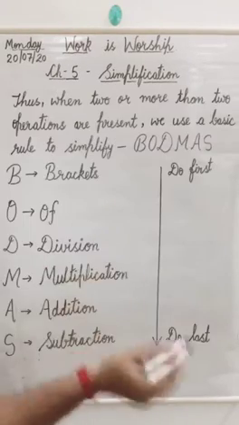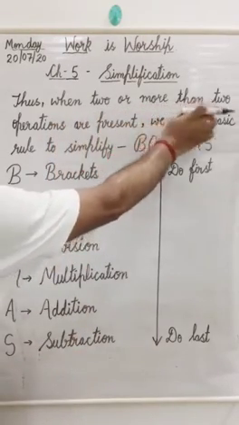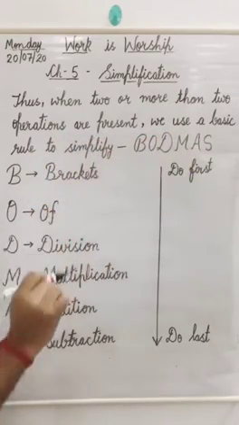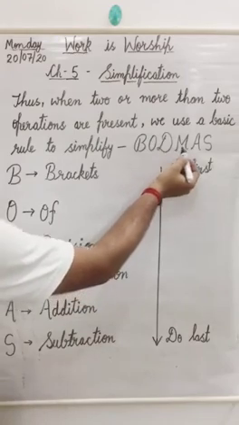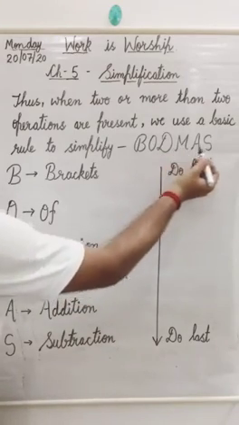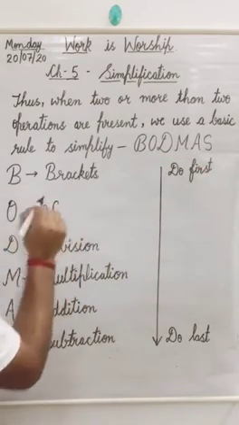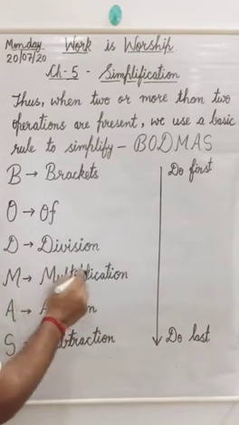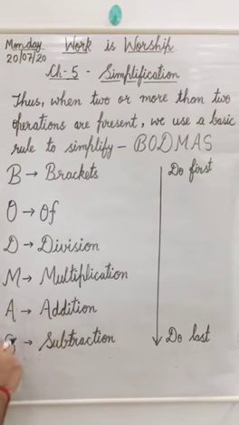Okay. So students, when 2 or more than 2 operations are present, we use a basic rule to simplify, which is BODMAS, in which B is for brackets, O is for of, D is for division, M is for multiplication, A is for addition, and S is for subtraction.